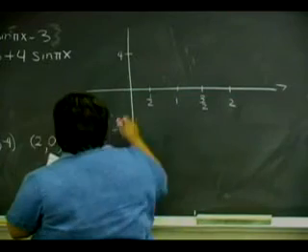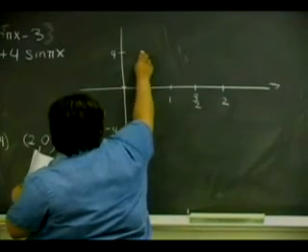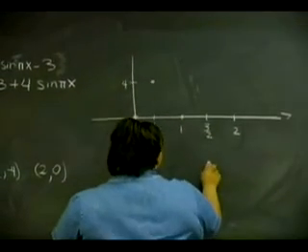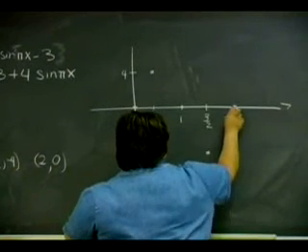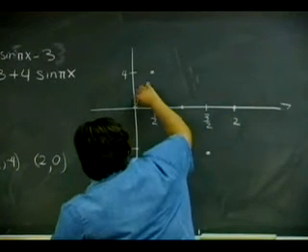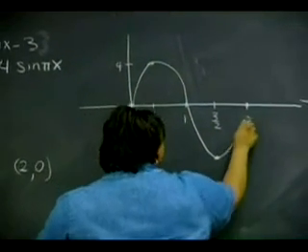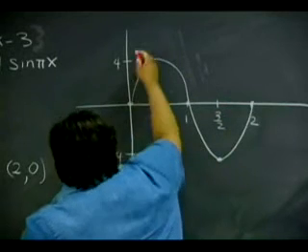So I have 0, 0; 1/2, 4; 1, 0; 3/2, -4; and 2, 0. So this is my f of x.